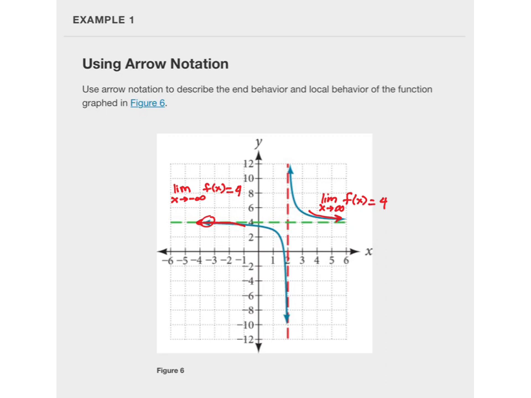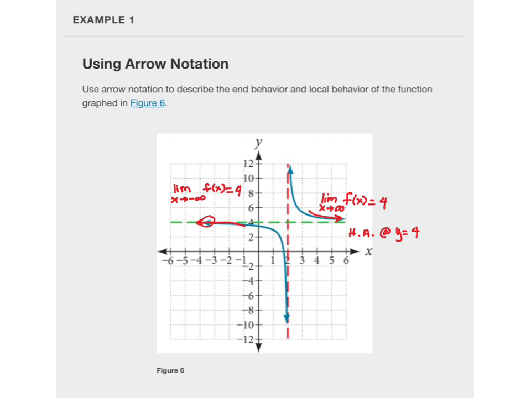Since I got the same number to the right and the left, I can say there is a horizontal asymptote, HA, at, and we name the line, y equals 4. There is a horizontal asymptote at y equals 4. On all the ones that you have in this unit, though, we only have one horizontal asymptote. We don't have to worry about other ones.